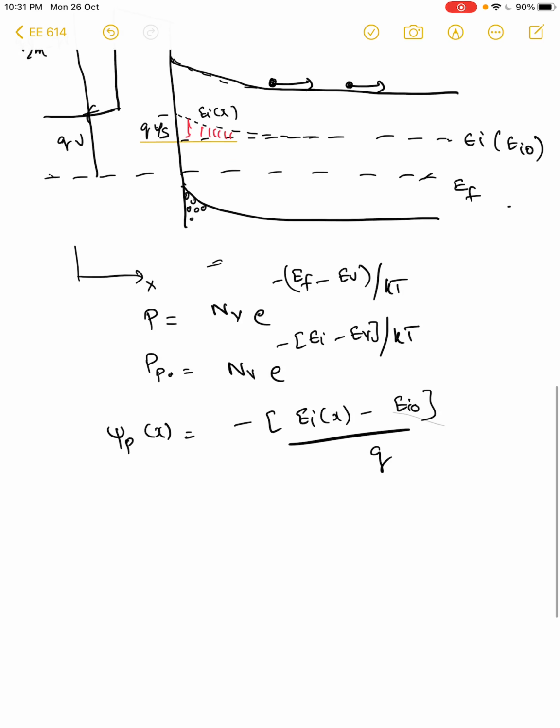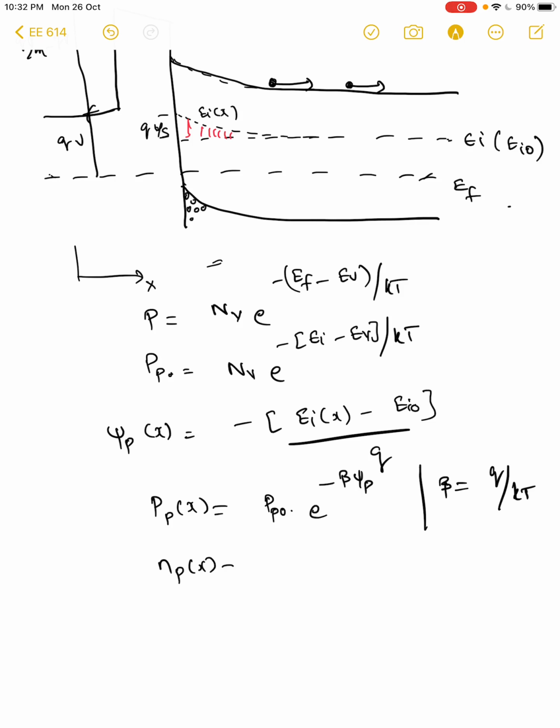And it's easy to see that if I substitute one on top of the other, I can get p at any point is pp naught e power minus beta psi p, where beta is q by kT, which is called the inverse temperature, and np of x is given by np naught e power beta psi p.